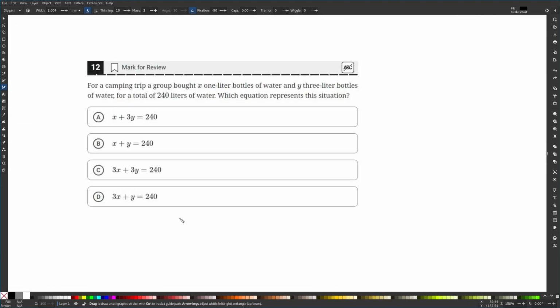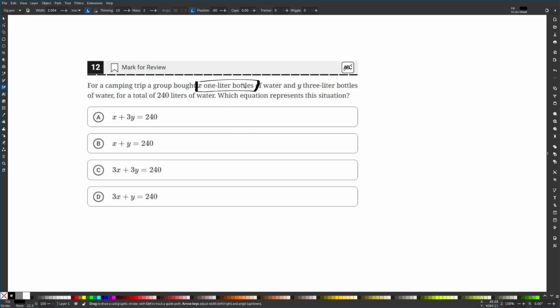Okay, now for this one. For a camping trip, a group bought x 1-liter bottles of water and y 3-liter bottles of water for a total of 240 liters. Which equation represents the situation? For the x 1-liter bottles, the amount of liters is just equal to x. Because if you have 7 1-liter bottles, that's just 7 liters. If you have 8 1-liter bottles, that's just 8 liters.